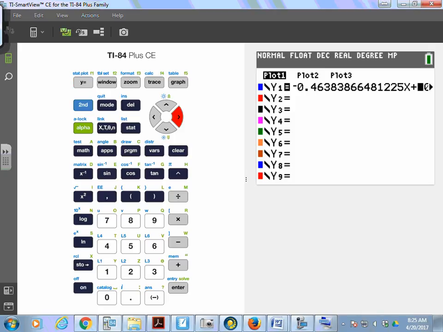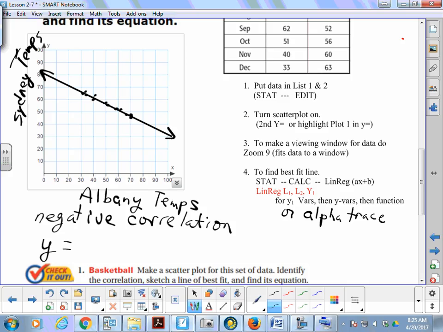Then. All right, and it was 80.08. Okay, so we have y equals 0.464x plus 80.08. So there's our line of best fit for that set of data.